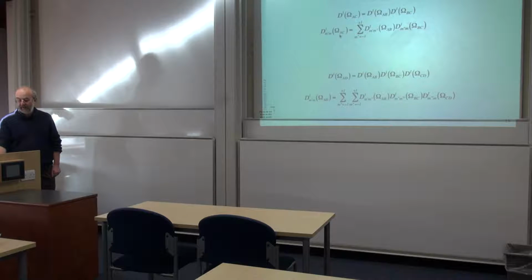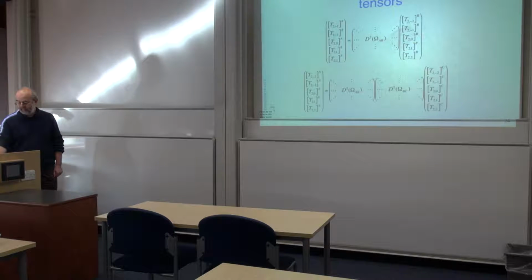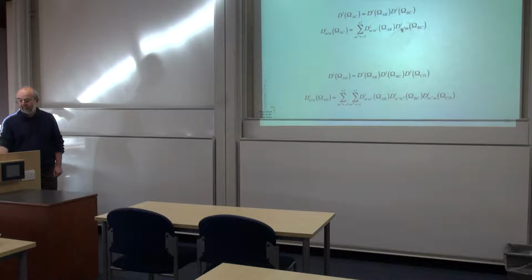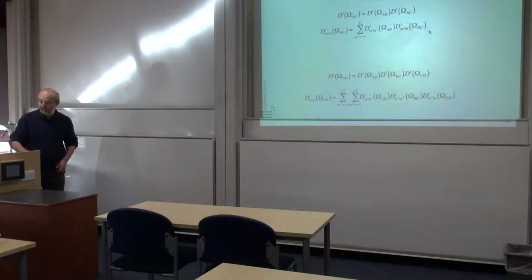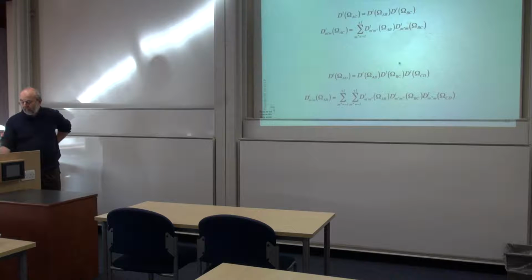And then you just use the rule for matrix multiplication. So if you want the M prime M element to go from A to C, you have to insert an index in the middle, call it M double prime, and sum over that. And if you need to go from A to D, then you need to stick two extra indices in the middle, and sum over those.